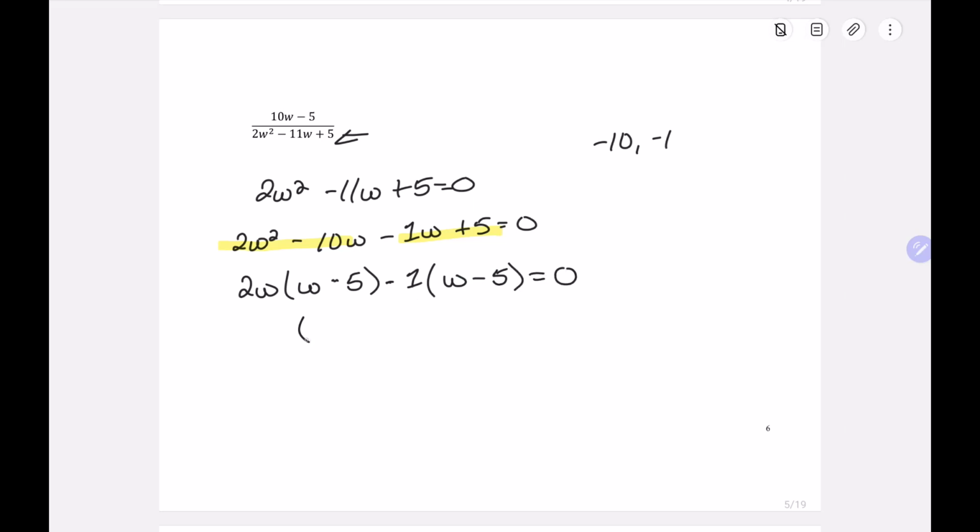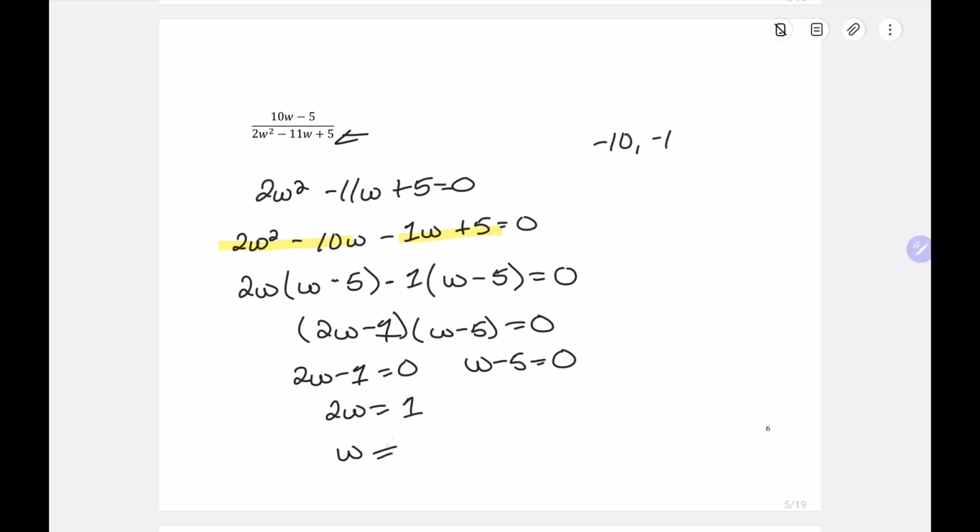We would set our factors, 2w minus 1 and w minus 5, equal to 0, and then we would just solve. On the left, we would get 2w is equal to 1, and we would get w cannot equal 1/2. And we would also get w cannot equal 5.